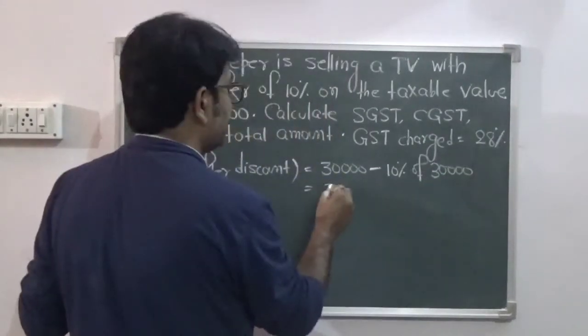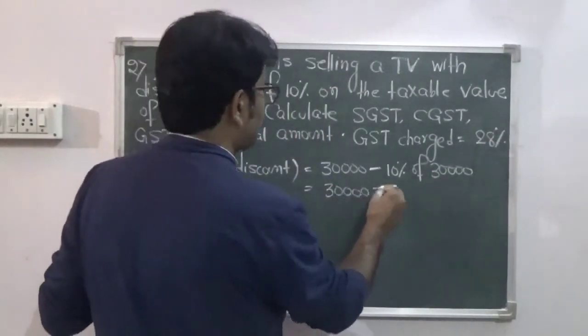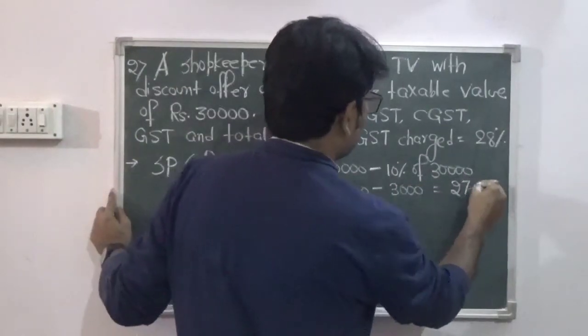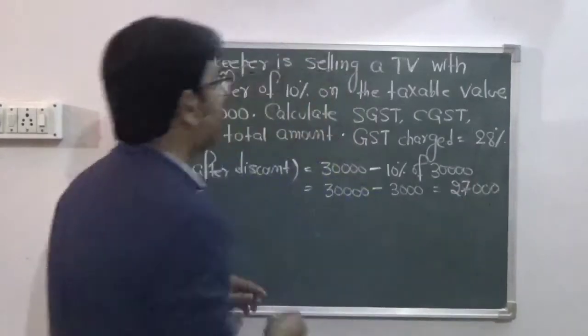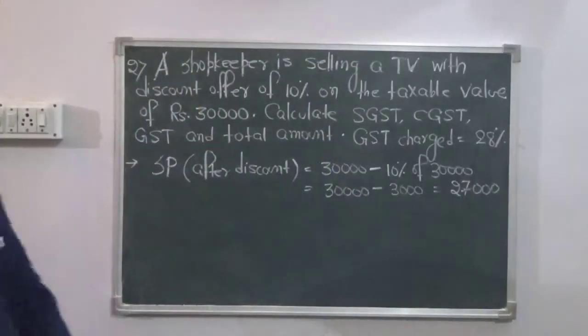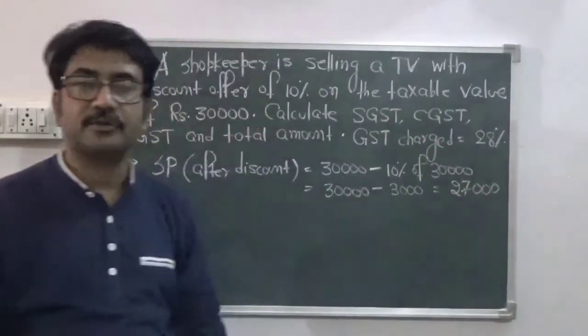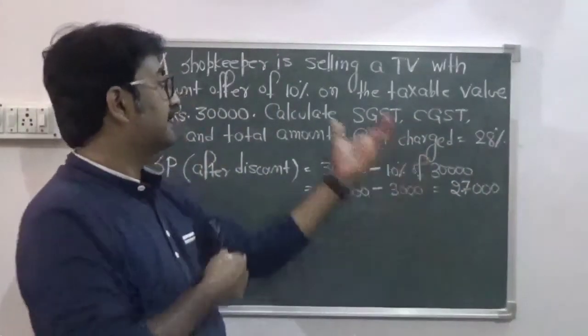So that is 30,000 minus 3,000, which equals 27,000. This is the selling price obtained after deduction of the 10% discount on the taxable value.